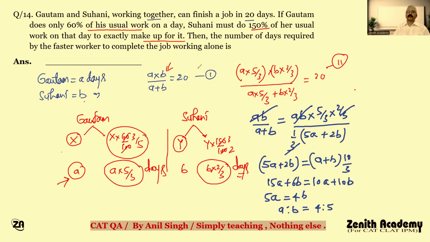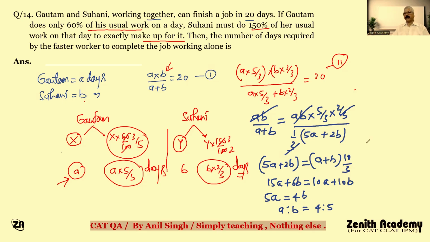Okay, now the question is the number of days required by the faster worker to complete the job working alone. So A is to B is 4 is to 5, right? So here find the value of, put here a simple value.